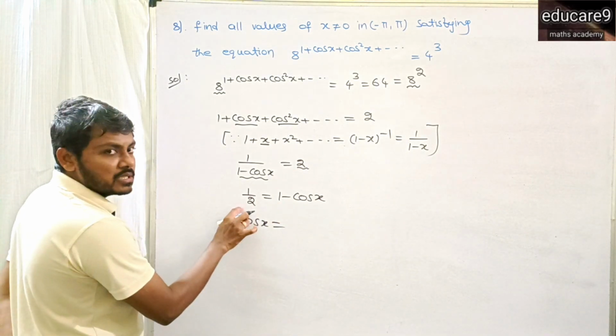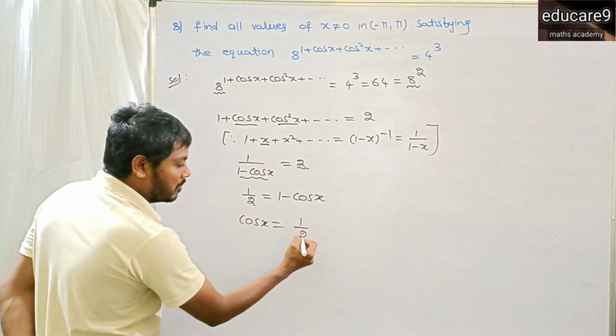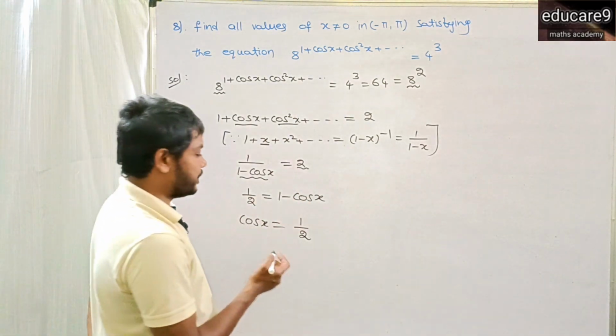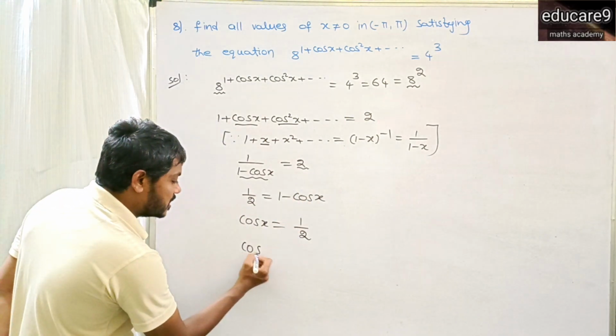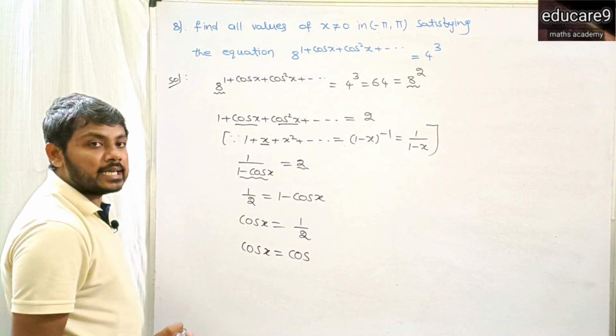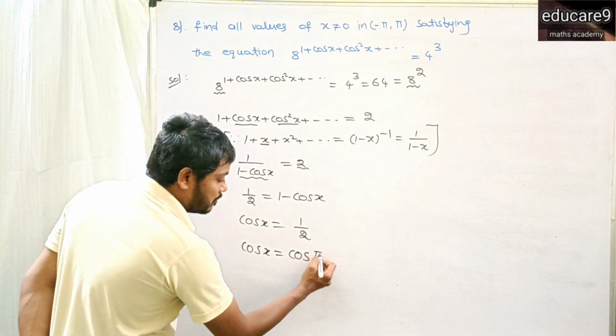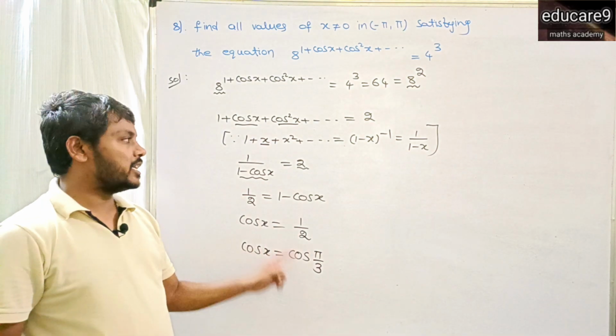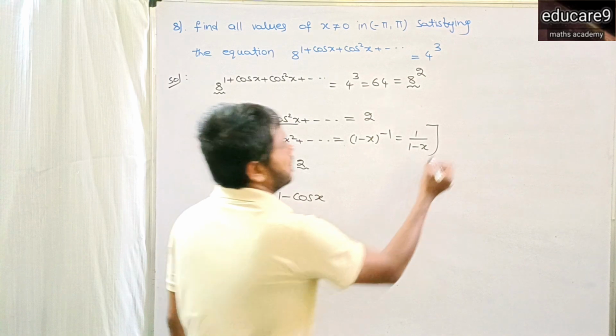From this you can write the cos x value. That is 1 minus 1 by 2, 1 by 2. So 1 by 2 written in terms of cos, that is cos x is equal to what? Cos 60 degrees, that is cos pi by 3. Clearly this is of the form cos theta equals cos alpha.